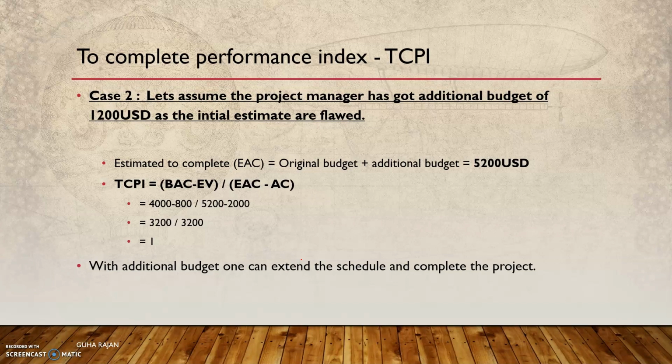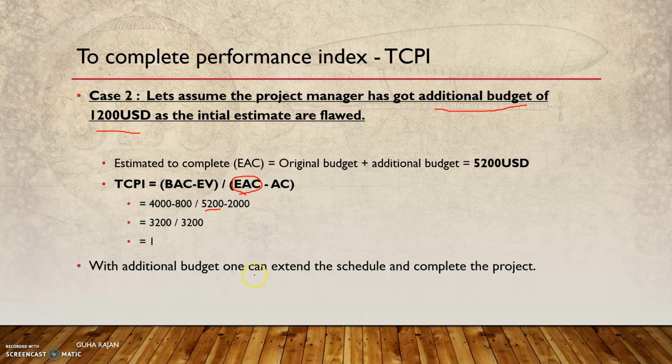In that case, as a project manager, sometimes you get additional budget. Here it is 1,200 USD additional budget over 4,000 for 10 days, so 1,200 becomes 5,200. That is EAC, the estimate at completion, basically the revised budget.